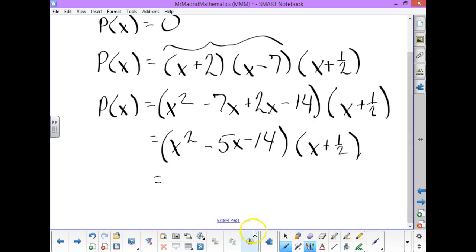So very simply, this x will get distributed to these 3 terms. Then I'll move on to this half and distribute it that way. So we're left with x cubed minus 5x squared minus 14x.